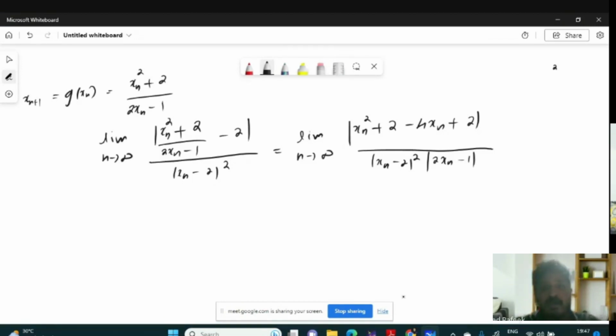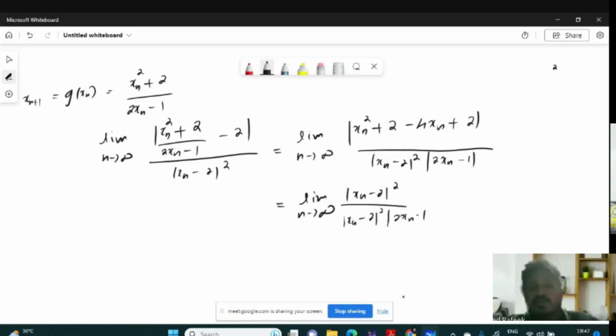Numerator you will have the 4. That is nothing but limit n tends to infinity of xn square minus 4xn plus 4, that means (xn minus 2) whole square, divided by (xn minus 2) whole square into (2xn minus 1). These two cancel. 1 by 2 into 2 minus 1, that means 1 by 4 minus 1, 1 by 3.